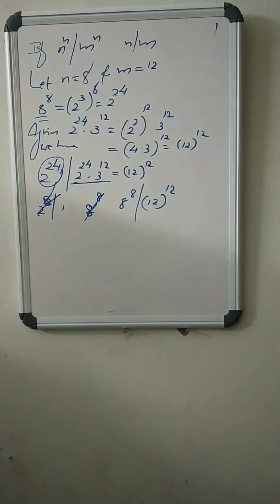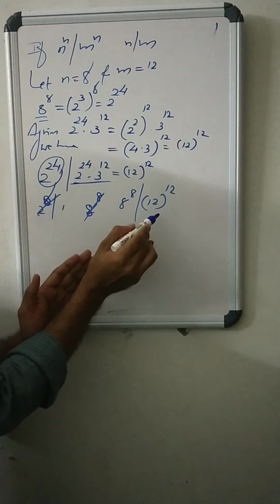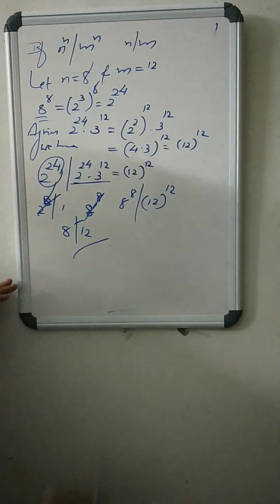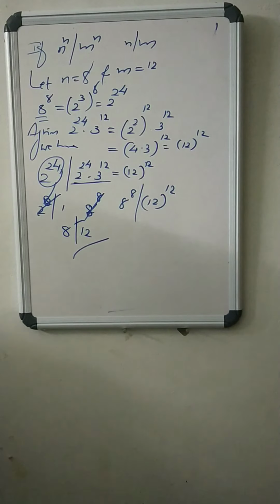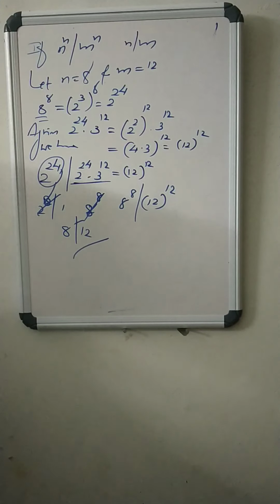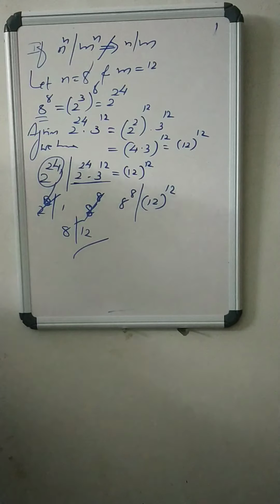So 8 power 8 divides 12 power 12, but 8 does not divide 12. So when n power n divides m power n, it need not imply that n divides m. Agree? Okay.